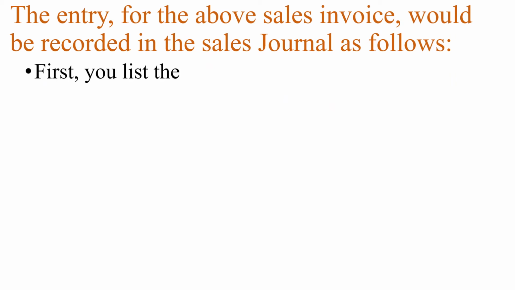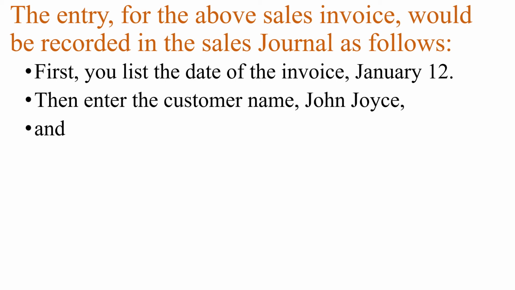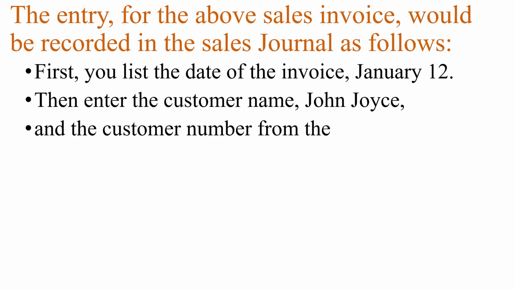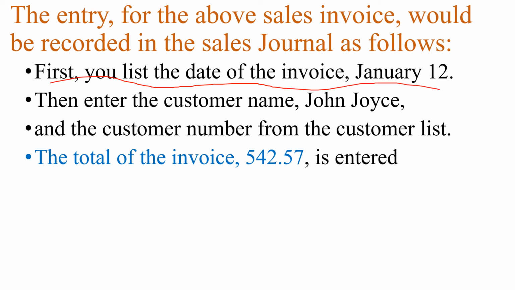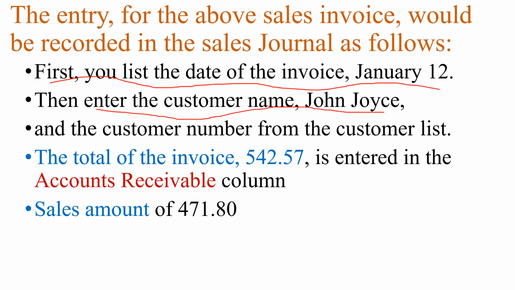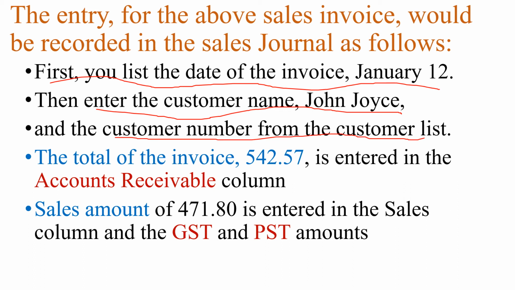So for you to enter the sales invoice into the sales journal, you need to know a couple of things. First of all, you list the date of the invoice, and then you enter the customer name, followed by the customer number.